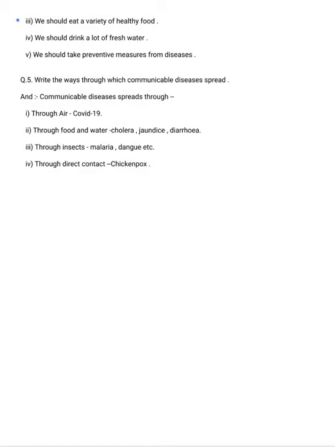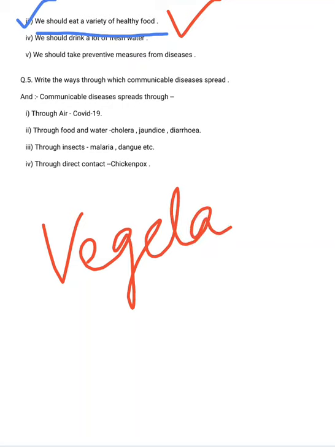Then number third point, we should eat a variety of healthy food. Right. So healthy food means different kinds of food like vegetables হ'ব পাৰে. Vegetables contain what? Vegetables contain vitamins, minerals.